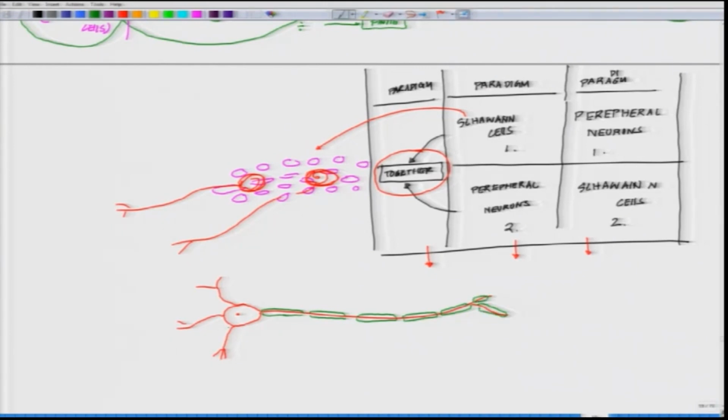Now this zone, which we call the nodes of Ranvier, this particular spot is very rich in sodium channels.